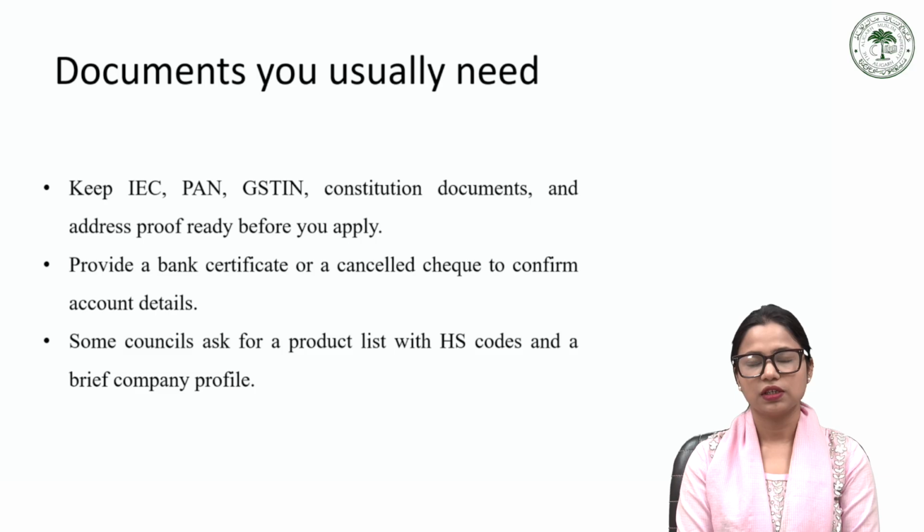So obviously, the application for RCMC means that the basic documents that need to be there by an exporter are the IEC number, a permanent account number, GST number, constitution documents. Constitution documents here means documents related to the organization or company. What is the number of directors?